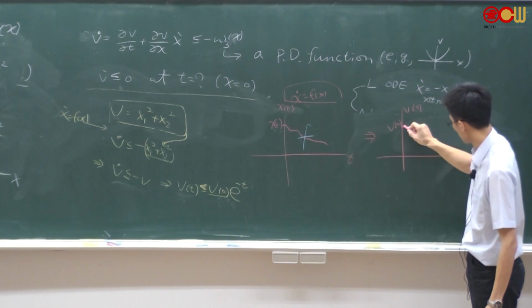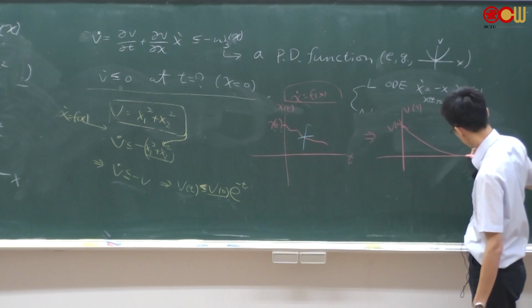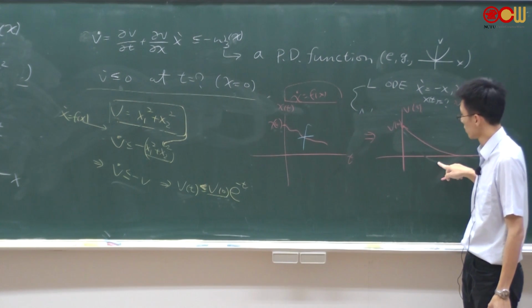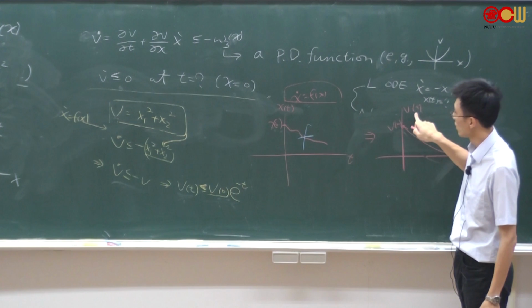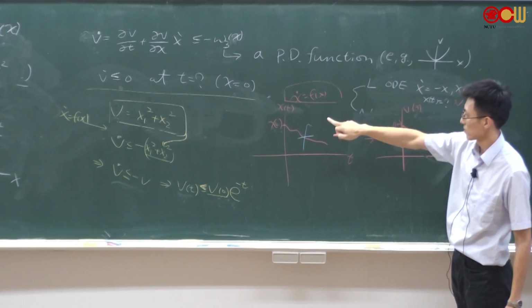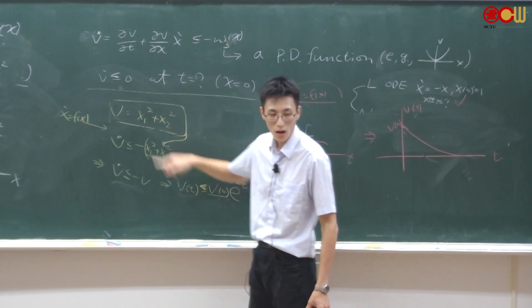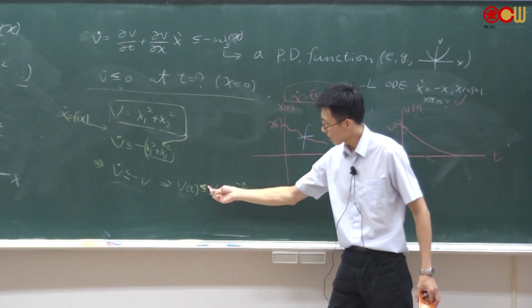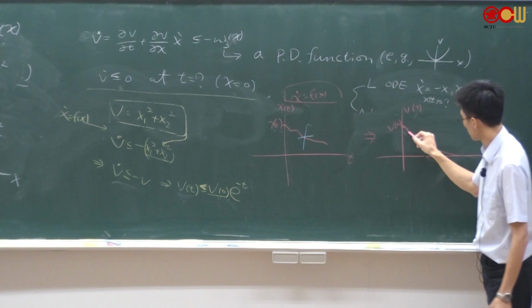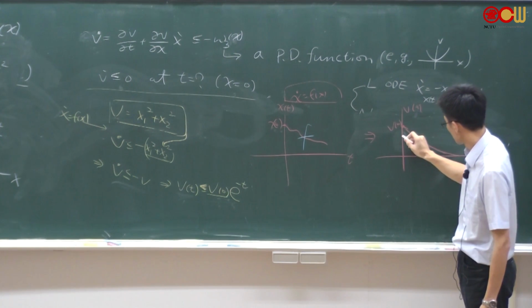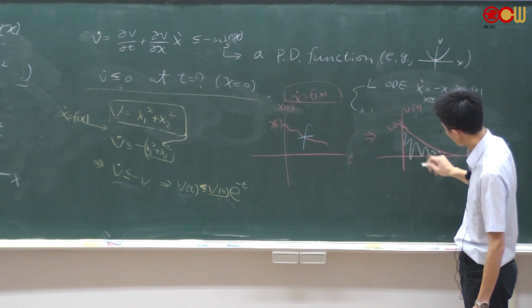Okay, so it decreases from here to 0 exponentially fast, right? So this is V(t). Given V(t), you can find x, right? But this is the upper bound of V(t). Upper bound, not equal, the x could be somewhere in here, x norm.